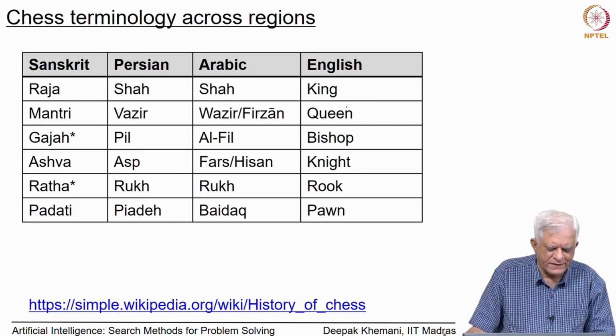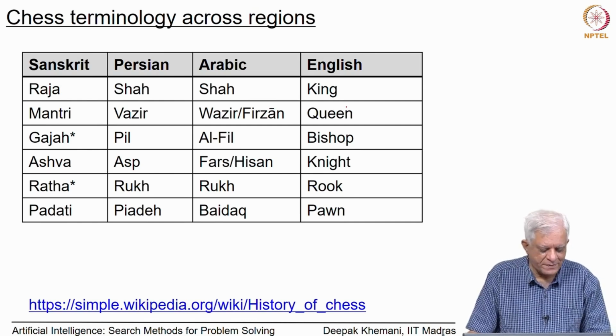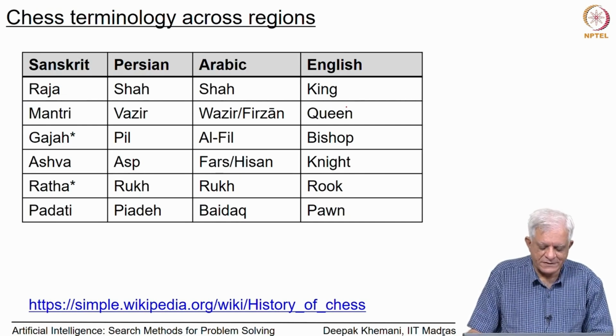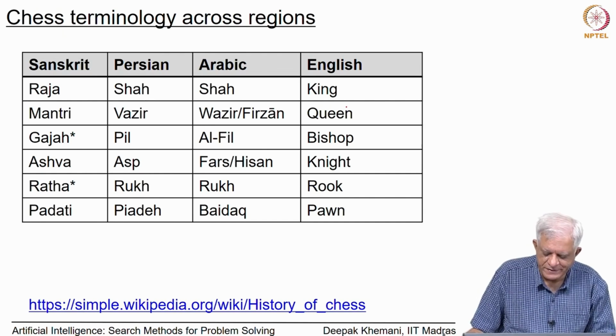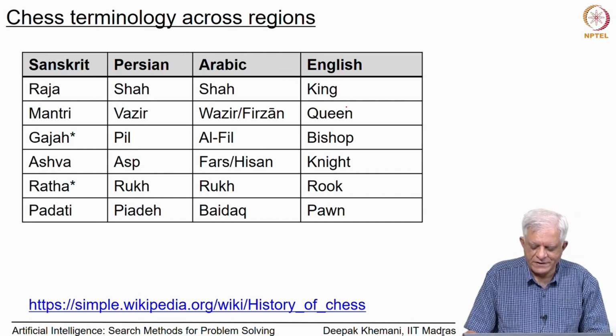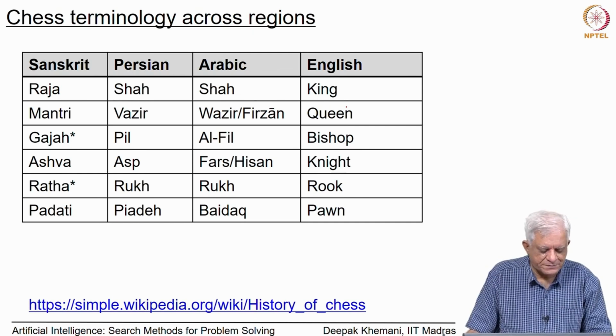Then we have this piece called Gaja, which in Persian is called Pil and in English is called bishop. The word Ashwa, which stands for a horse, and Asp in Persian and Fars and Hisan in Arabic, and knight in Europe, because in Europe the warriors or the elite warriors used to be called knights, and they used to be on horseback.